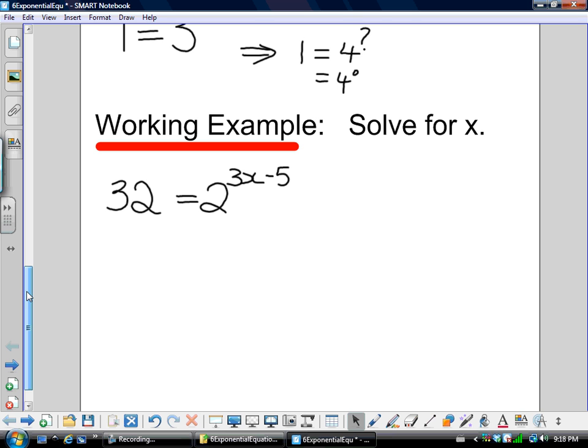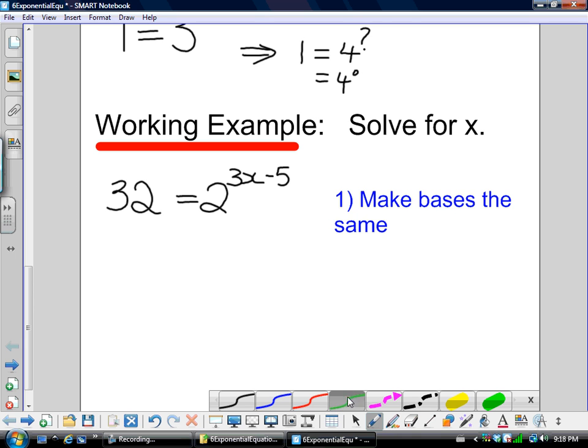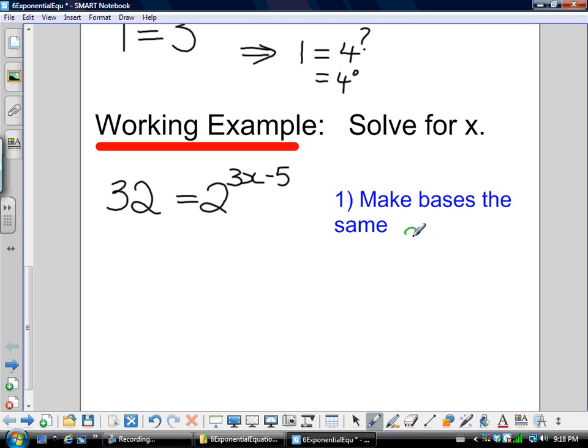So they aren't. So the first thing I have to do is make the bases the same. And the way that we make them the same is I'm not going to be able to change the number 2. I'm going to have to change the number 32. So I'm always going to take the larger one. So 32 equals 2 to the something.